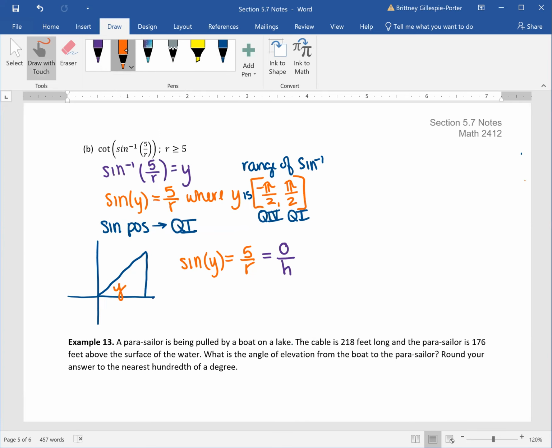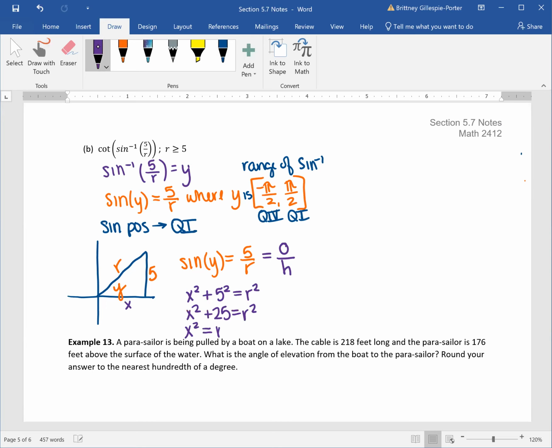So I can label these as 5 for the height, r for the radius, and then we need to name or find the value at the bottom. Call it x if you want, call it a, whatever you want to do. But here I'm going to call it x. So we're going to have x squared plus 5 squared is equal to r squared. x squared plus 25 is r squared.